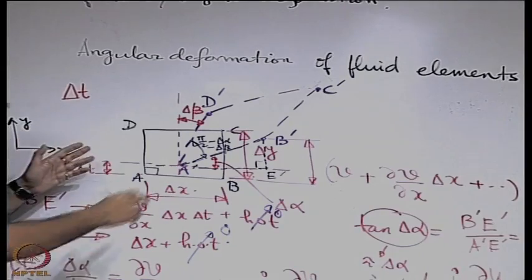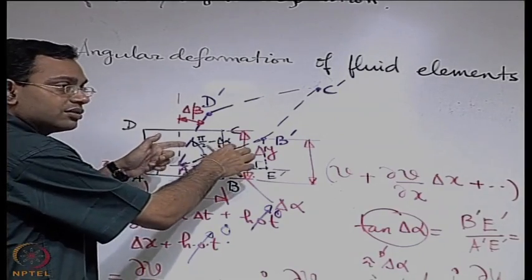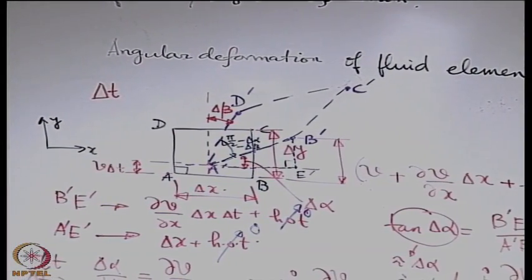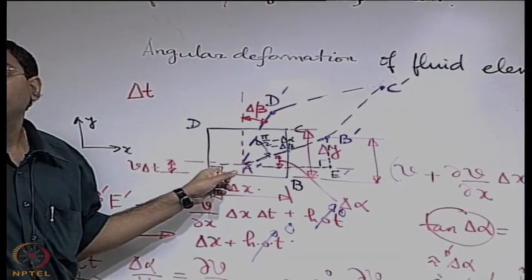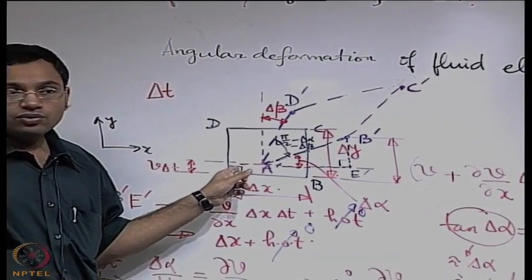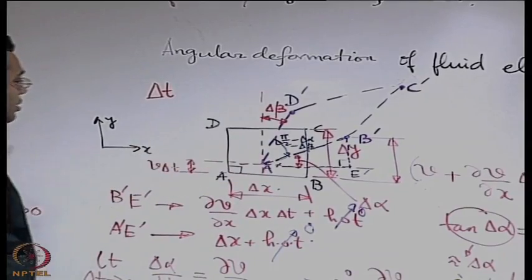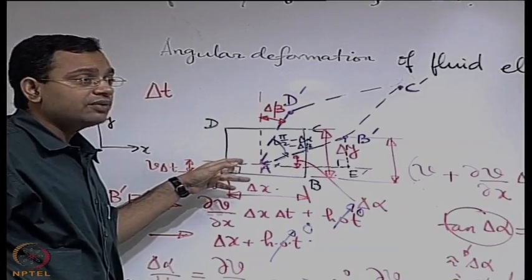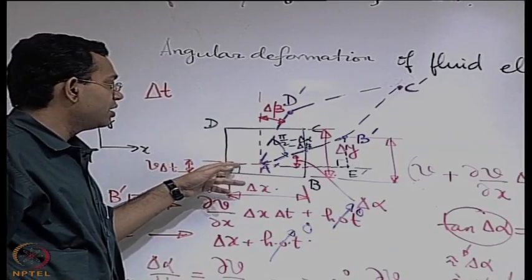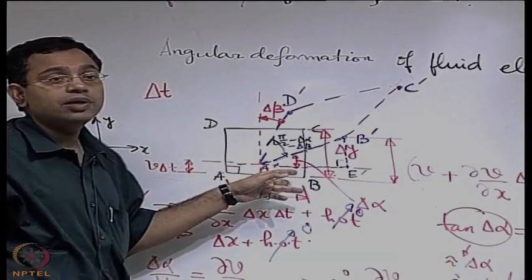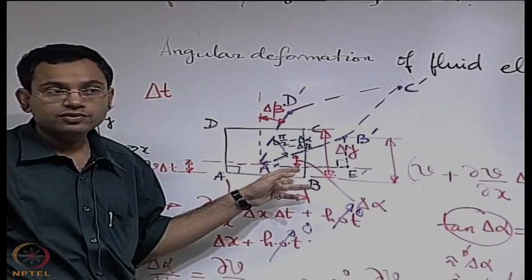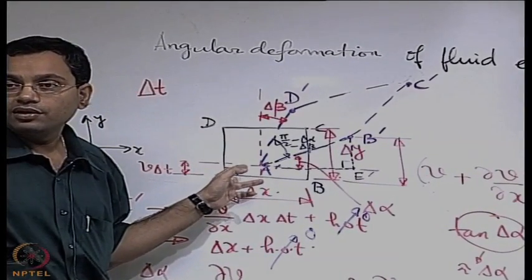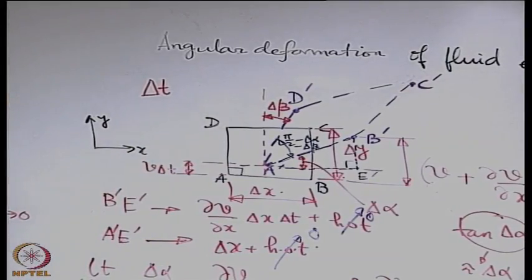This difference between 90 degree and this one gives an indication of the angular deformation, because if there was no angular deformation, this angle would have remained as 90 degree. What is the change in this angle? What is the speciality of this angle? We are trying to identify what is the change in angle between two line elements in the fluid which were originally perpendicular to each other. These are representatives of two line elements which were originally perpendicular to each other, but with deformation they are no more perpendicular to each other.